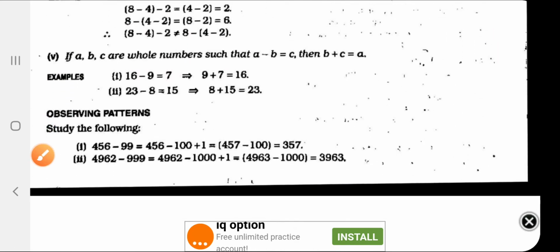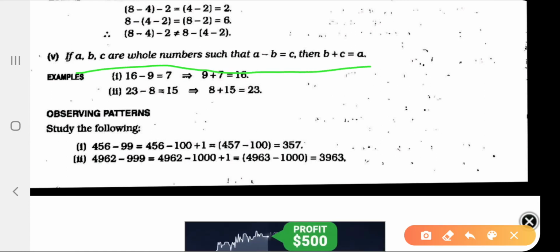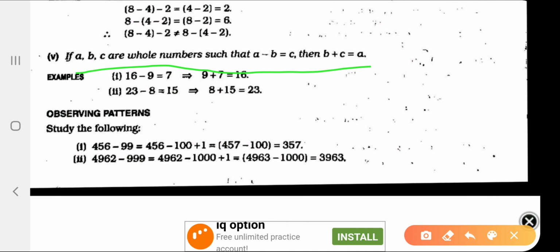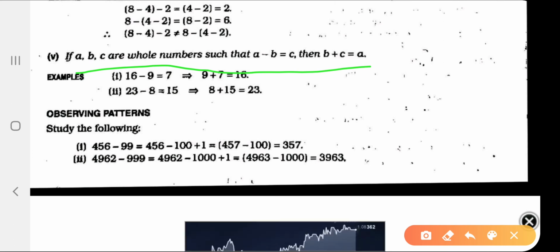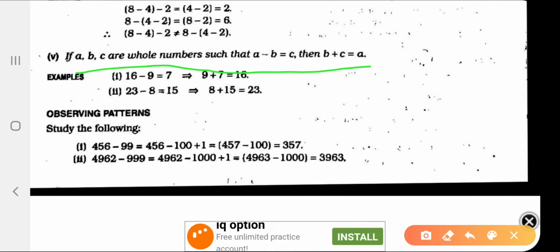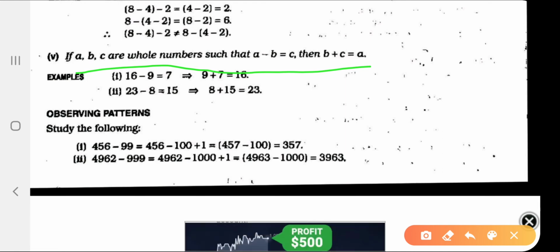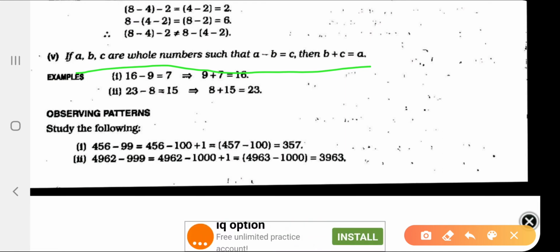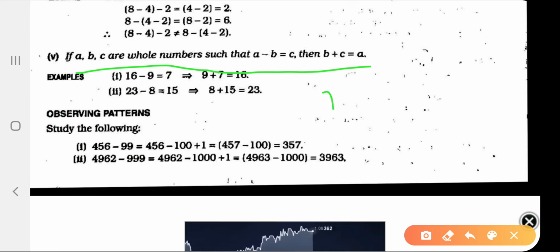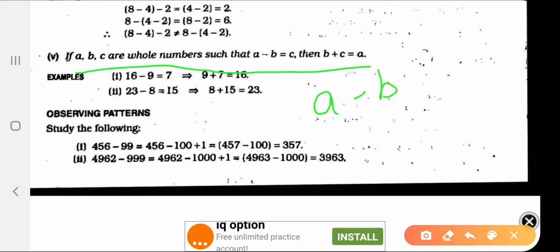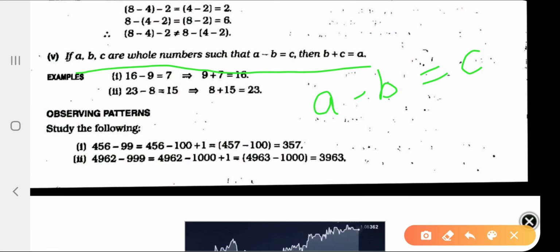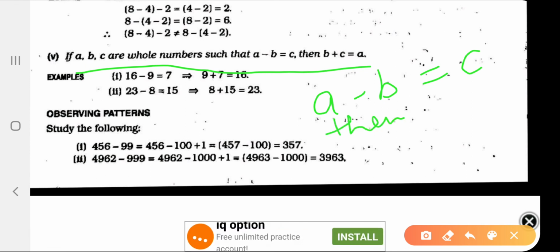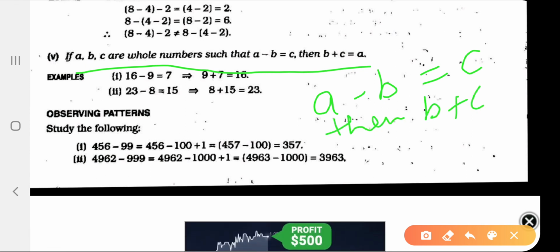If a, b and c are whole numbers, and the next point, if a minus b is equal to c, then b plus c is equal to a. This is very very simple. You might have used it, I might have told you also. Now see here, a minus b equals c, then b plus c equals a.